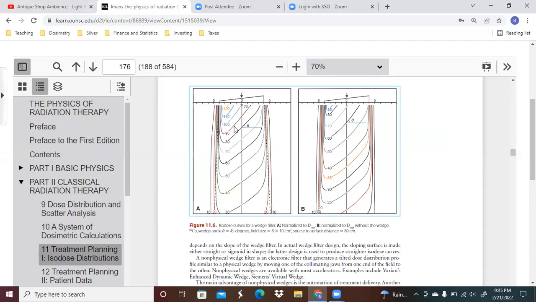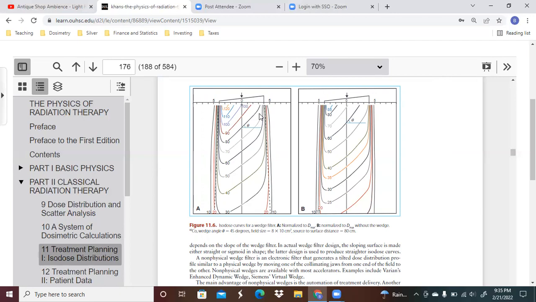And this is what you're seeing here. This is the toe, this is the heel of the wedge. And as you put this in there, what you're noticing is that you're shifting the dose. Think of it that way, that you're shifting the dose from this side over to this side.